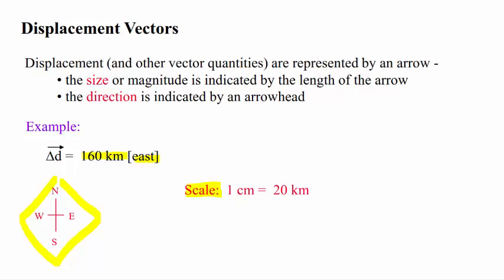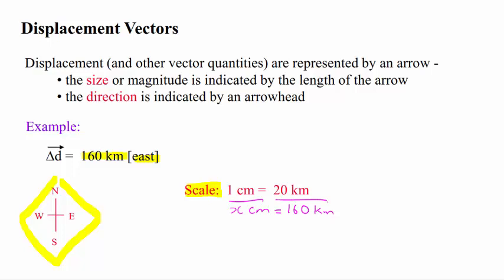So if you're going to be drawing something that is 160 kilometers east, the first thing we need to look at is that our scale here, 1 centimeter to 20 kilometers, you just have to make sure that you're comfortable going between an absolute value and its scale value. 1 centimeter is equal to 20 kilometers. We're just setting up a ratio here. Then how many centimeters, x centimeters, is going to be equal to 160 kilometers. So this is simply a ratio that we need to rearrange.